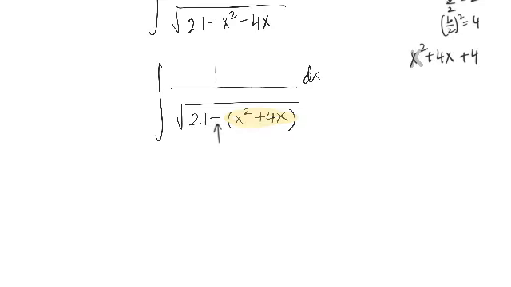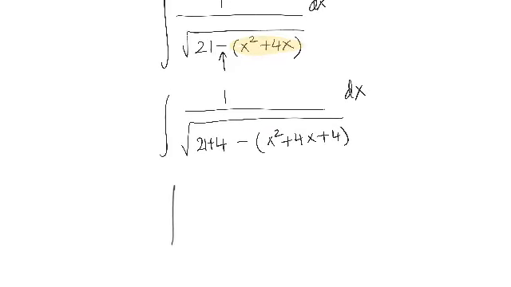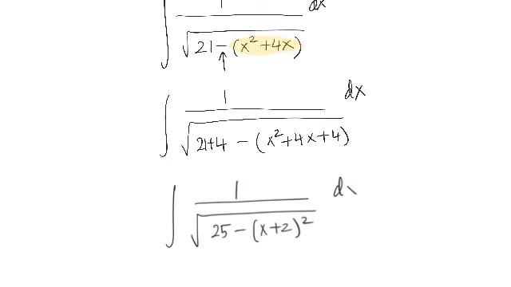So if I'm adding 4 like this inside the parentheses, then that means I've really subtracted 4 from my equation. So I need to add 4 outside the parentheses. So now that gives me 1 over 21 plus 4, 25, minus the perfect square here, dx.